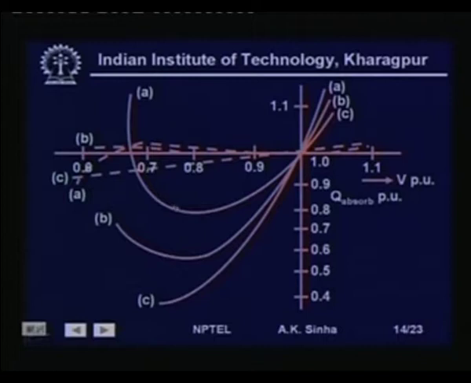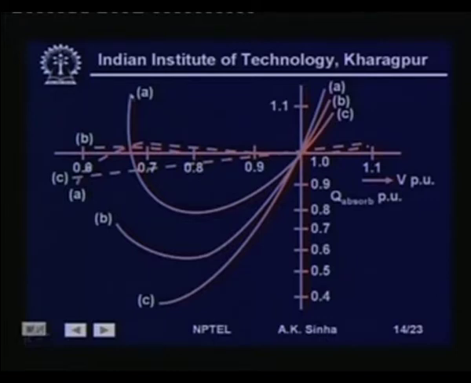If we are keeping the torque at 1 per unit and change the voltage, then the reactive power absorbed by the machine is like this, whereas on this side of course the reactive power increases considerably.